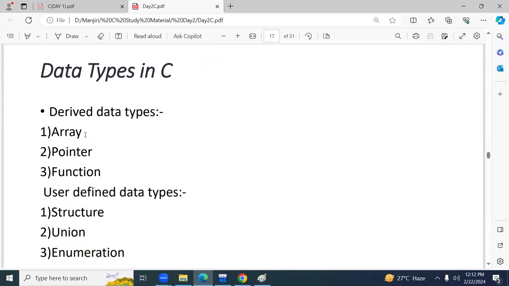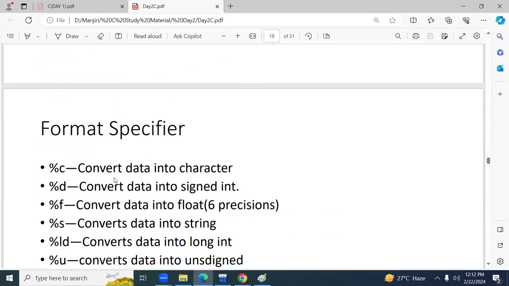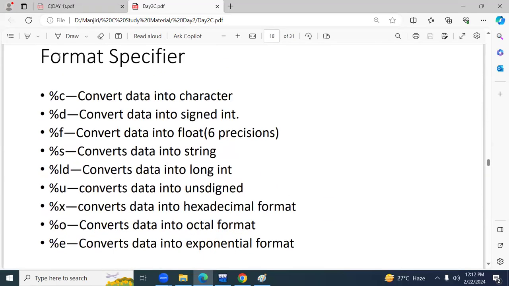This derived data type and user defined data type we will discuss afterwards. Now the format specifier or the type specifier, whatever we call it, these format specifiers are used to convert data into character, and %d for the signed int. We'll discuss what signed int and unsigned are.